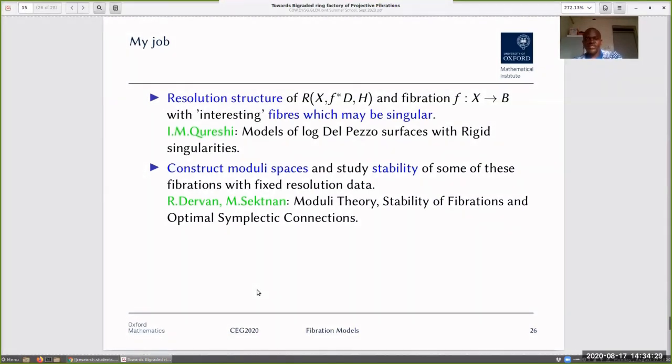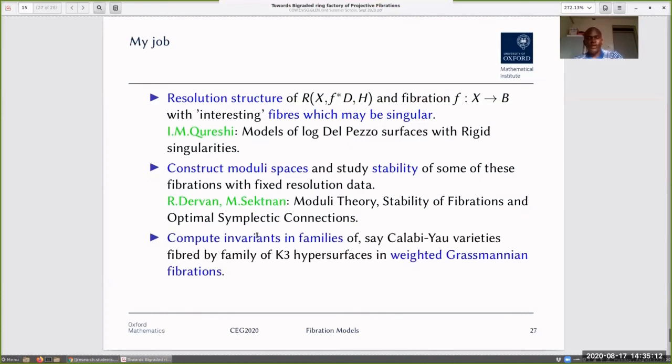I was interested in learning the works of Devan and Sexton, who have studied, using differential geometric tools, K-stability and polystability on fibrations, and some of their conjectures on the possibility of constructing these moduli spaces can be solved using this setup.